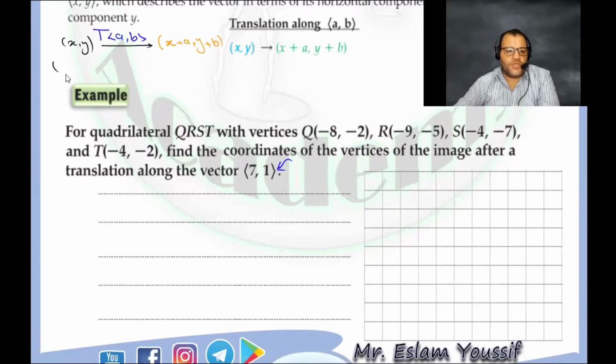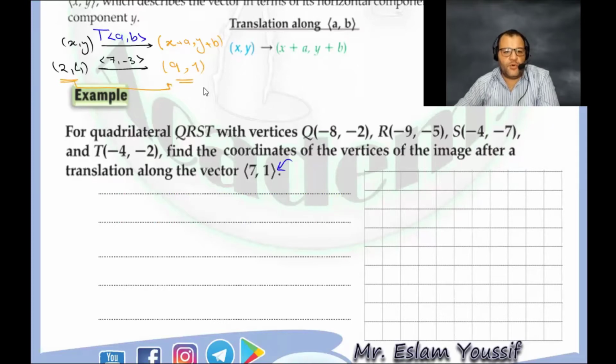For example, suppose that we have a point 2 and 4. Now you want to make a translation with the vector 7 and negative 3. So the new image will be 2 plus 7, which equals 9, and 4 plus negative 3, which equals 1. So that is the point, and that is the image.